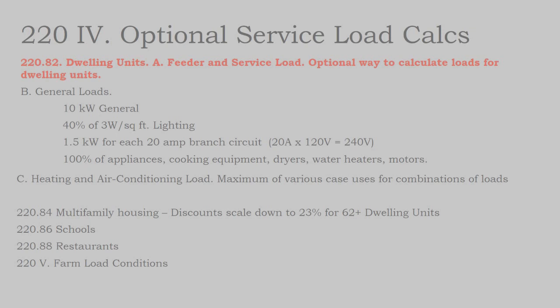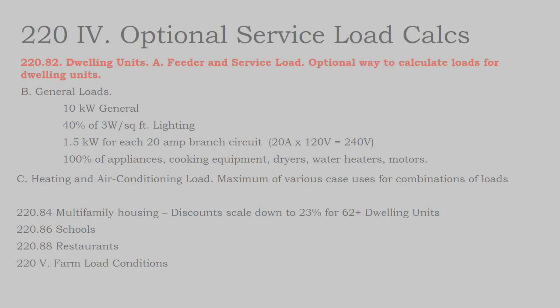And then for every 20 amp branch circuit, you throw on an additional 1.5 kilowatts. And then you do 100% of the continuous load ratings for your appliances, cooking equipment, dryers, water heaters, motors, stuff that is your non-continuous loads.